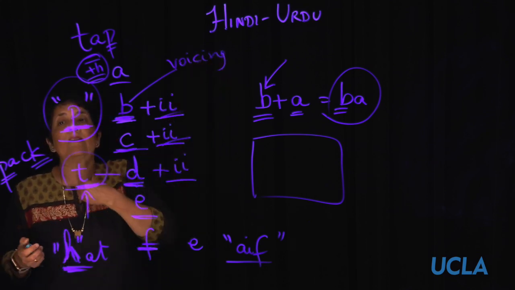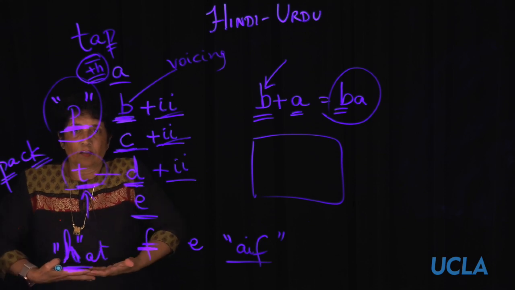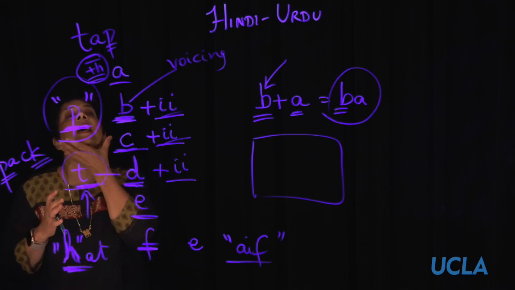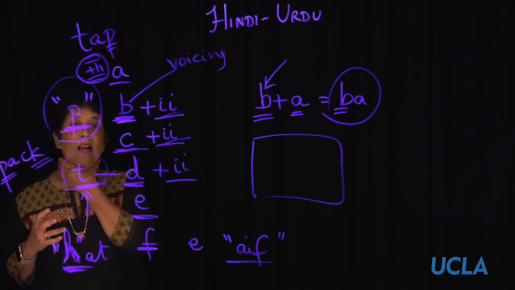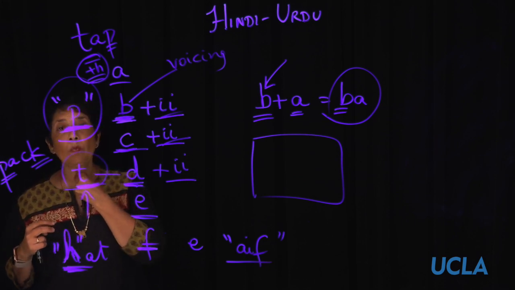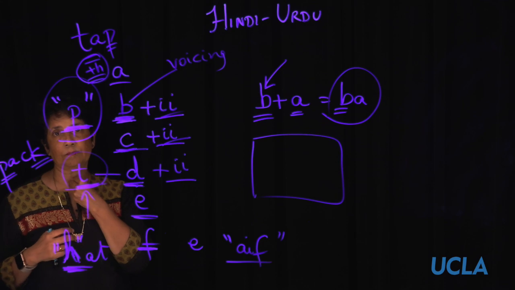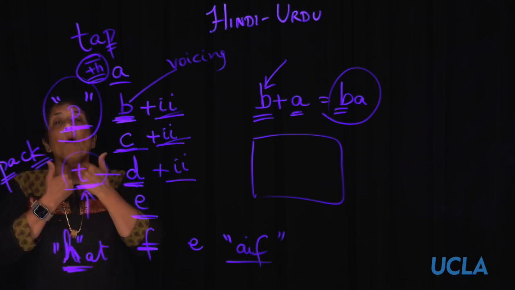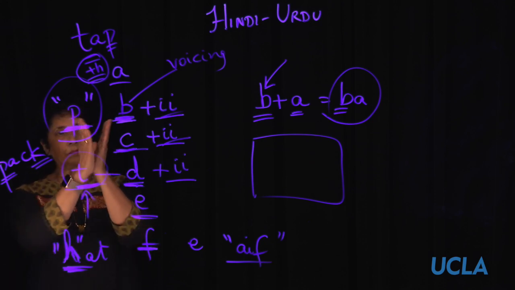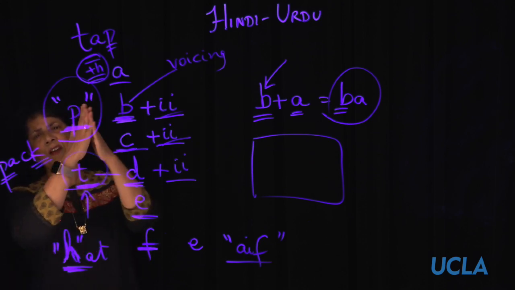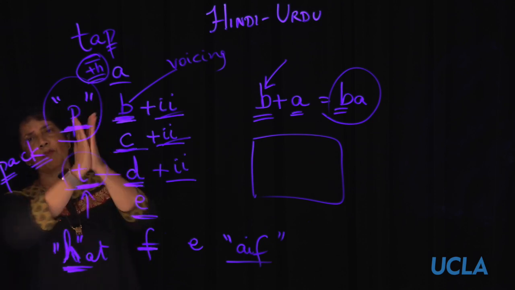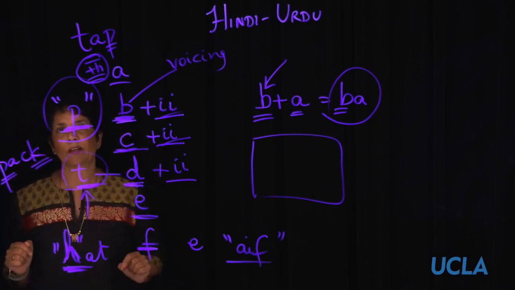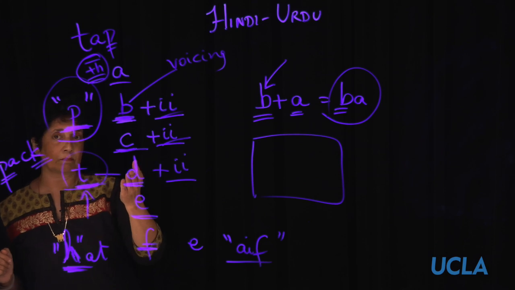As the diaphragm moves up, air is squeezed out of the lungs, enters the larynx, and here we have our vocal cords. When air passes between the vocal cords, they vibrate very quickly. They come together and move apart very, very quickly. That's called voicing. You can feel that.